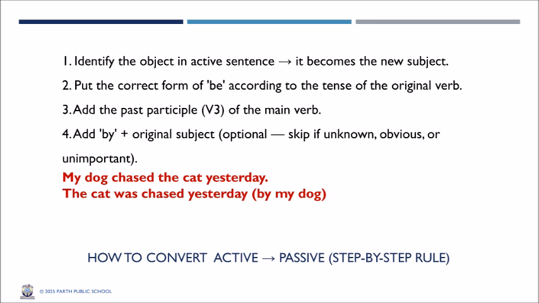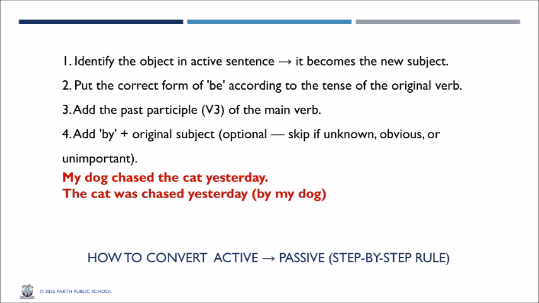So we'll bring the cat as the new subject. Now find out the correct form of be here. Since the sentence belongs to the past family, I'm putting here "was." The cat was. Now I need to put the past participle for the verb chase. The past participle will be chased. The cat was chased yesterday by my dog.